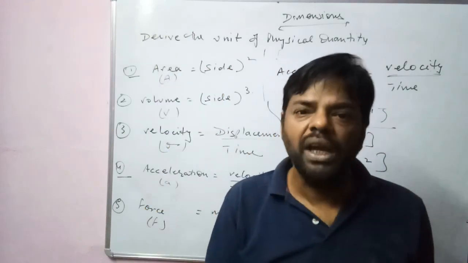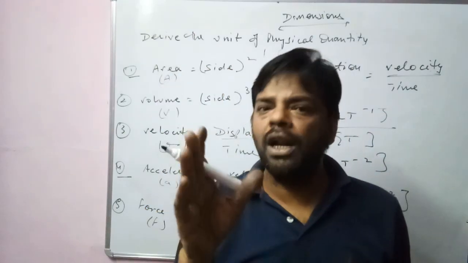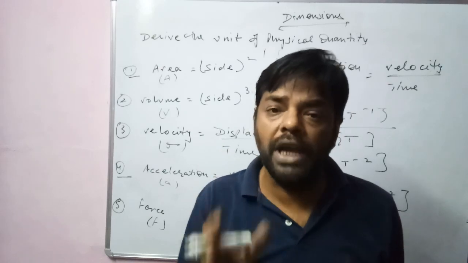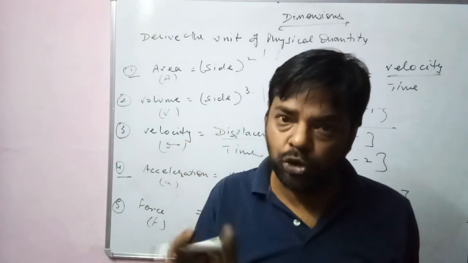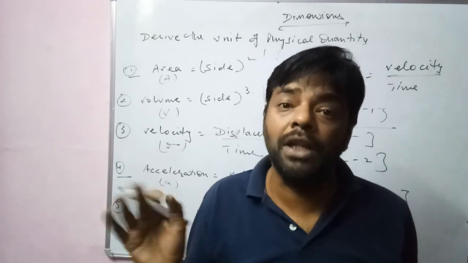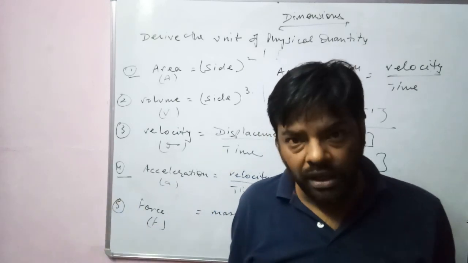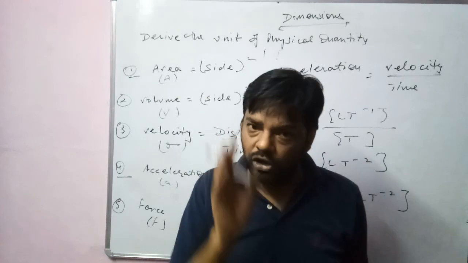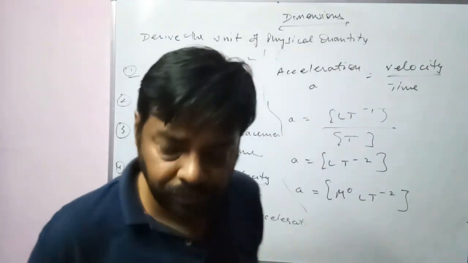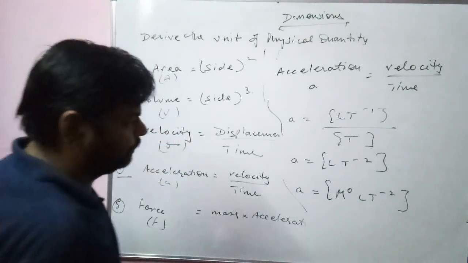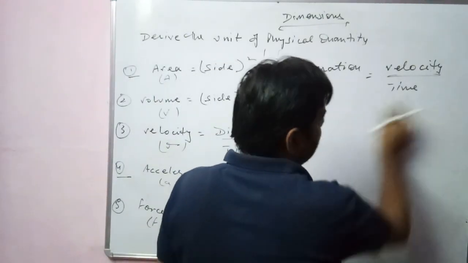In actual, you have to learn about 50. I am telling you the number: the number of dimensional formulas which you have to learn is 50. After learning those dimensional formulas, we can proceed with the numericals. Clear?